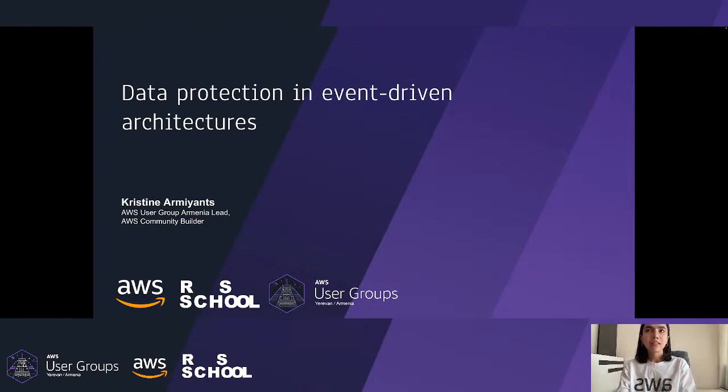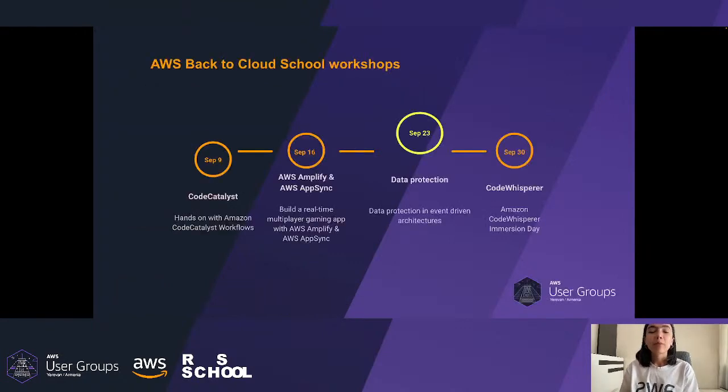So as you can see, today's topic is data protection in event-driven architectures, obviously on AWS. So let's dive deep right now. I want to remind you that this workshop is part of a series of workshops organized by AWS and RS School itself, and as I mentioned, many user groups in the region.